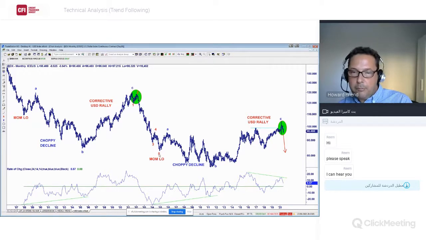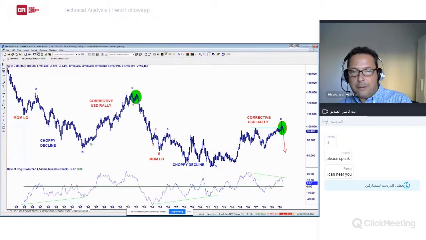Since this point back in 2004, we've seen a very similar correction to the last one. We saw an A-leg rally here, which was very similar to this one, and a choppy decline to new lows, where we see the typical momentum divergences. Again, momentum is something I'll be talking about in next week's webinar.